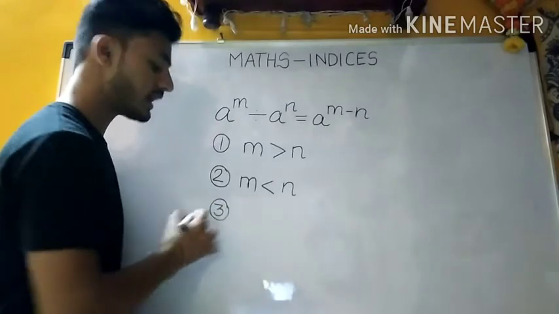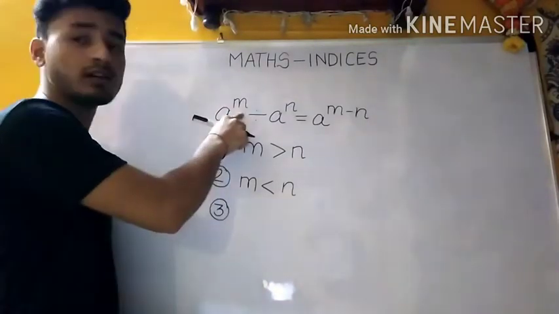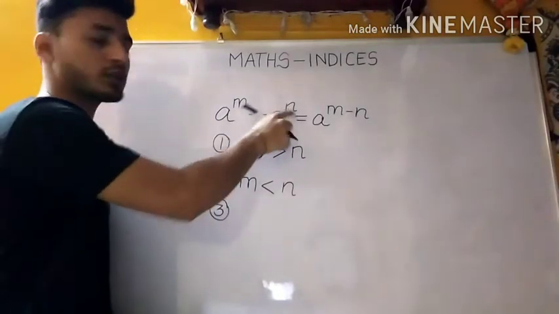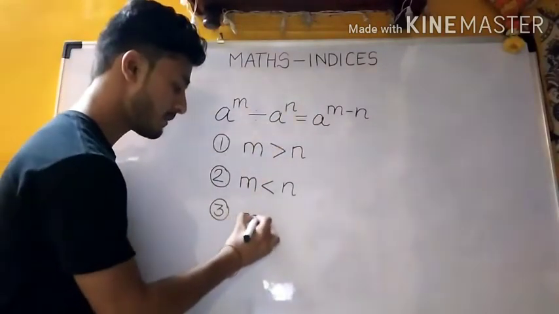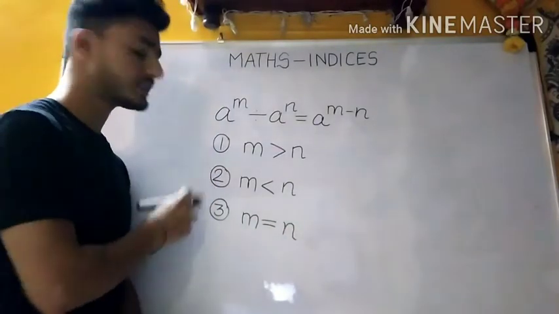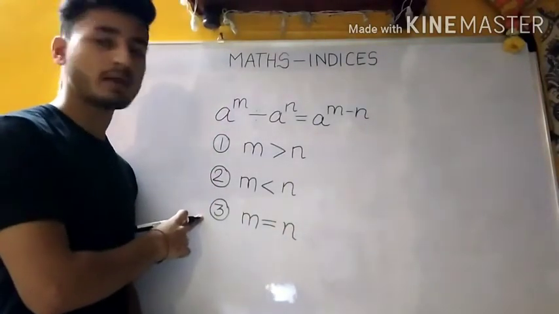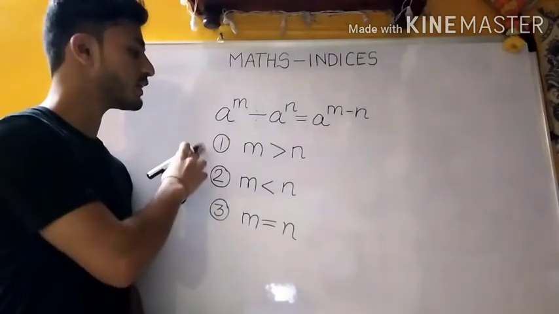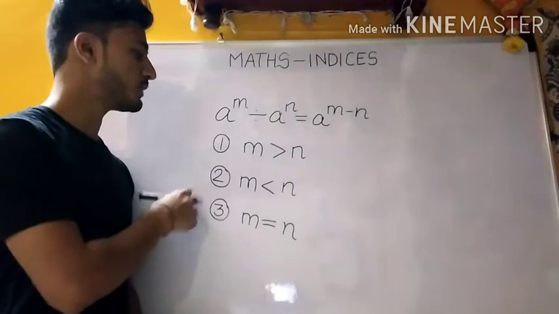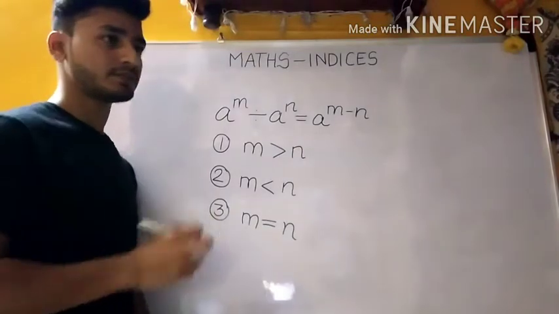The third and last case is that m and n have the same values, so m is equal to n. All these three cases have a different method of solving, so we are going to discuss each case in detail with an example so that it is easy for you to understand.